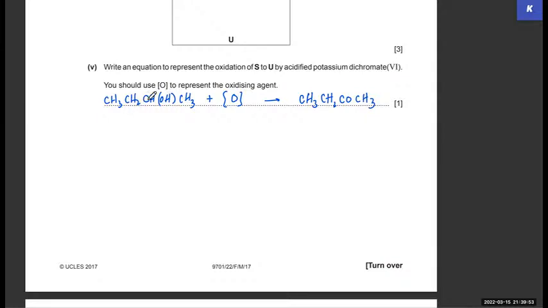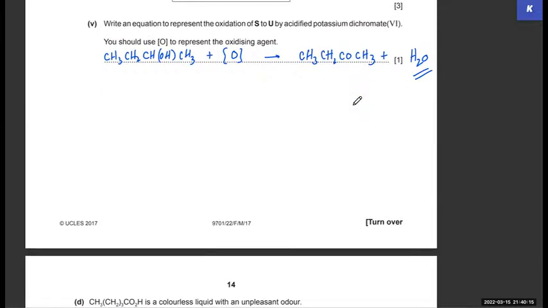Over here you have 10, over here you have 8. So 2 hydrogens lose किया ना. So that means a water molecule is produced. Oxygens भी बराबर है. That's it. So use O as the oxidizing agent, we will be able to write the equation. ये clear है? Yes, sir.